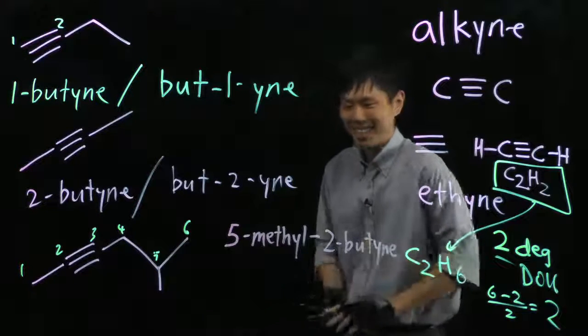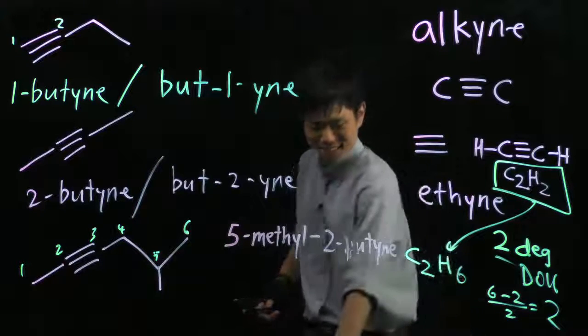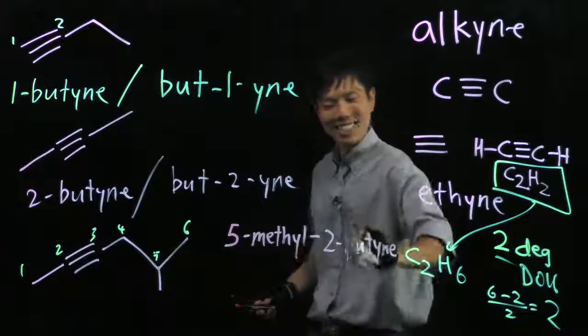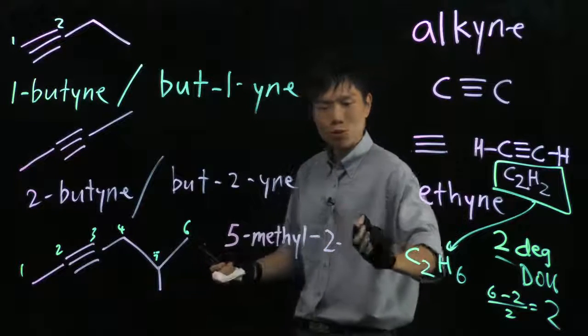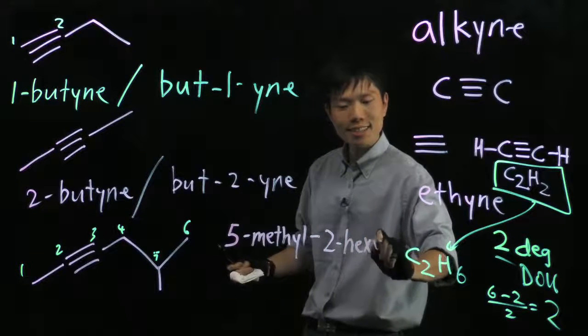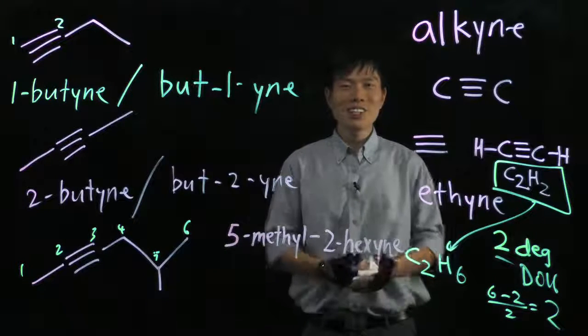Oh, pardon. There are 6 carbons, so it's not but, that's right, it's hex. 6 is hex. So 5-methyl-2-hexyne. Right. So try to practice more on the naming of alkynes.